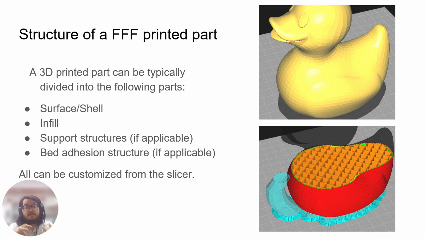Another one is bed adhesion structures. Sometimes, in a brand new, very well calibrated printer, you can just print your part without having to do anything extra. But sometimes, or just to be on the safer side, we print things like this blue region here. This part is the support structure, but this part here, you can see, is a little skirt that's just increasing the surface area touching the build plate, or the print bed. I think it's called the build plate in Cura.